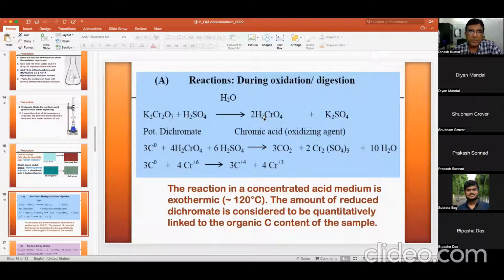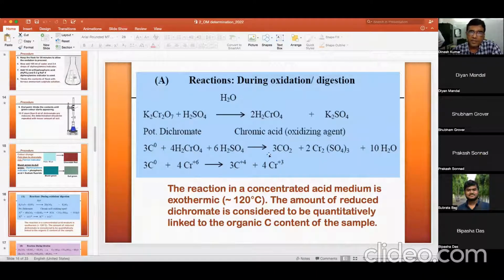So you can see 3 C, carbon, you may consider it as elemental carbon without any charge, and then chromic acid, H2CrO4, in the presence of sulfuric acid, because sulfuric acid is already there in the flask. Then this chromic acid will oxidize the carbon and CO2 will be released. And then chromous sulfate will be formed, along with water.